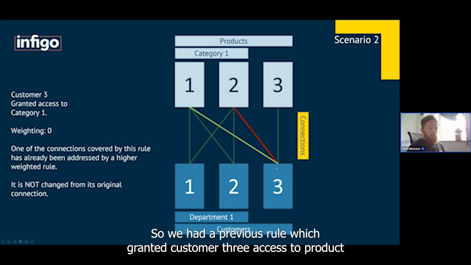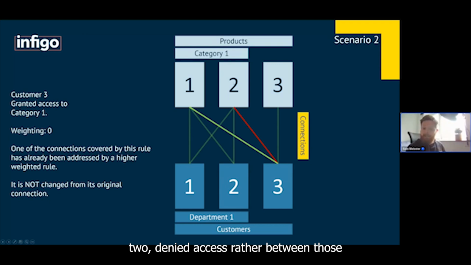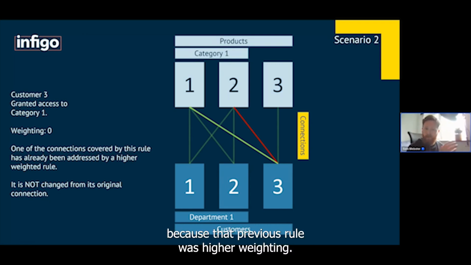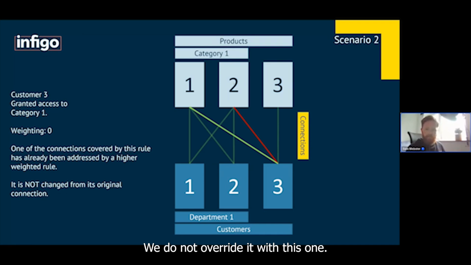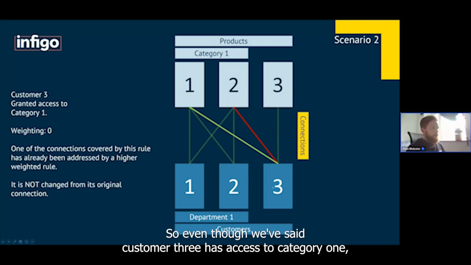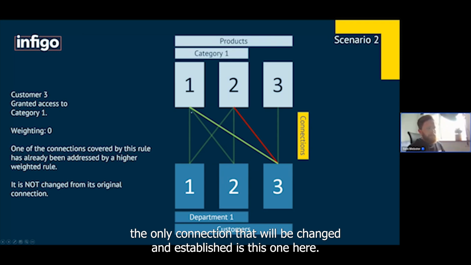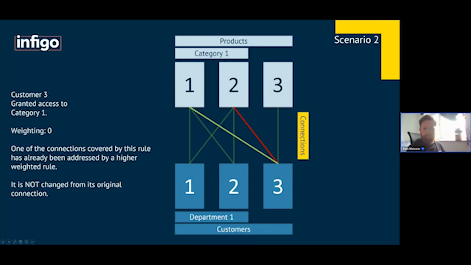So we had a previous rule which denied access between customer 3 and product 2. Because that previous rule was higher weighting, we do not override it with this one. So even though we've said customer 3 has access to Category 1, the only connection that will be changed and established is this one here.